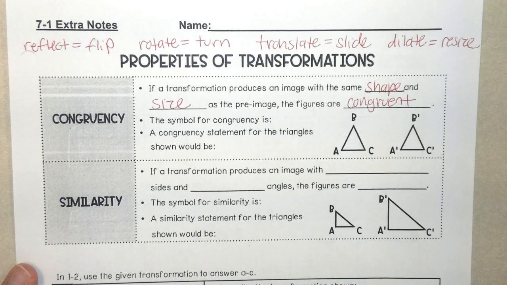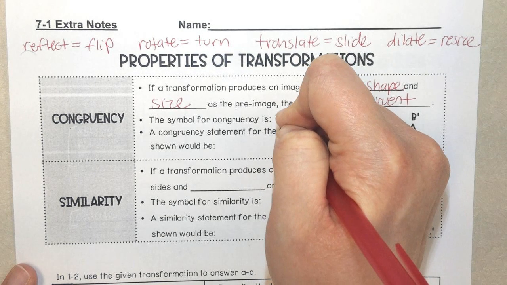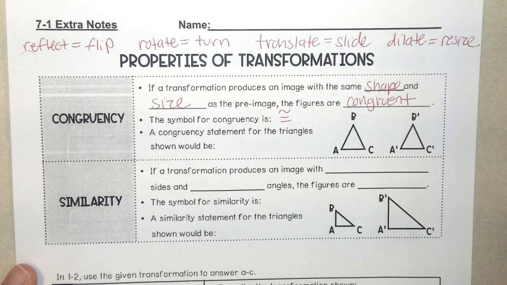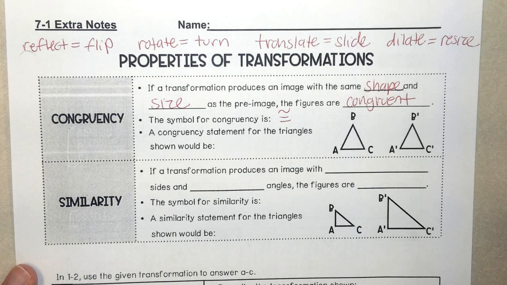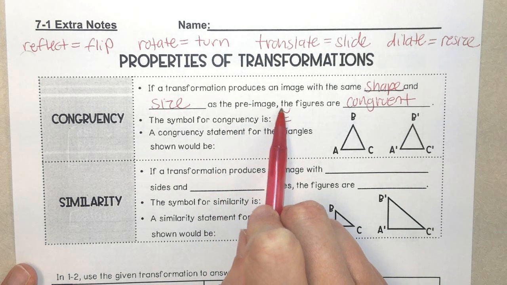Does anybody remember, it came up on our review and our test, what symbol looks like congruent? Yeah, that equal sign with a wave. I tend to call it kind of a squiggle. Congruent is just a fancy way of saying equal to. It's like the geometry version of equal to. So with congruency, you always want to think about the equal sign, and then it just has that squiggle on top.